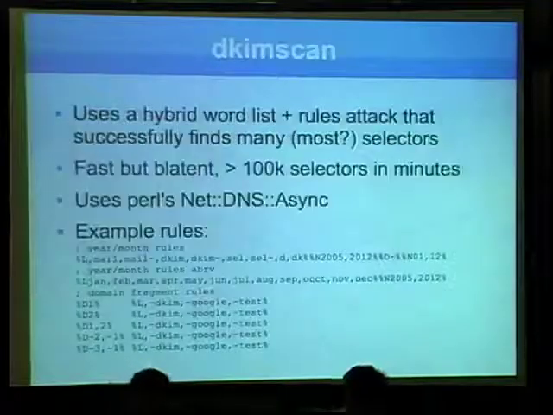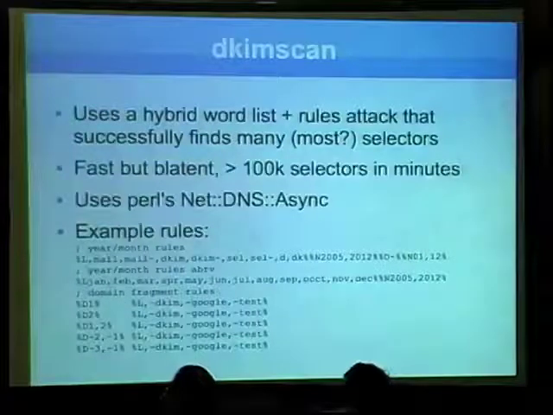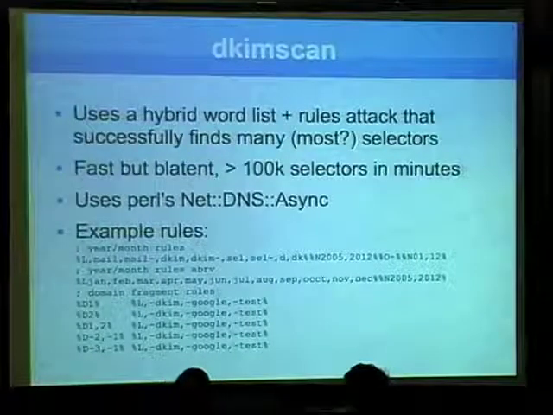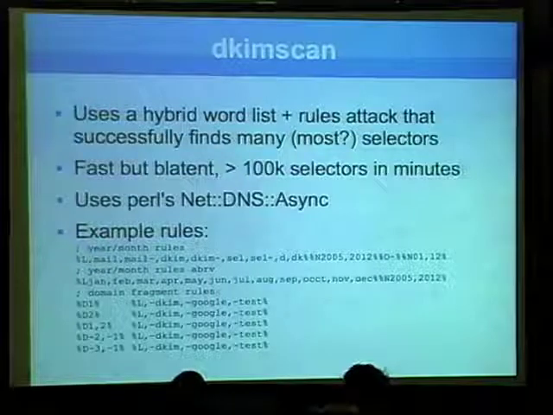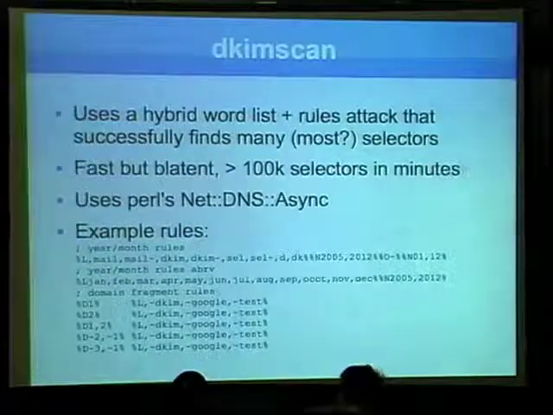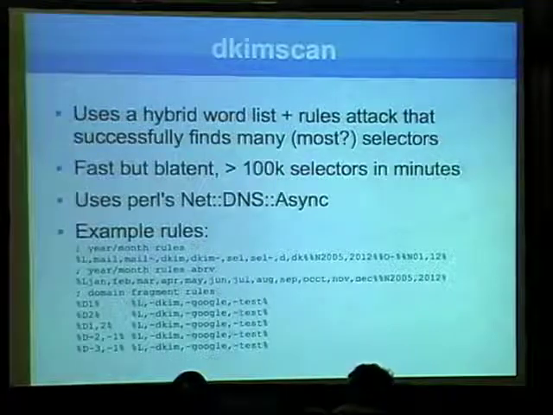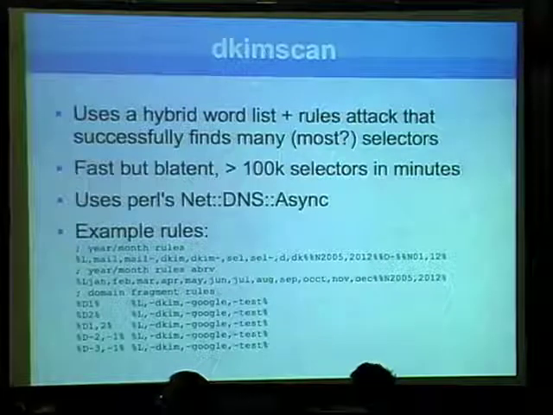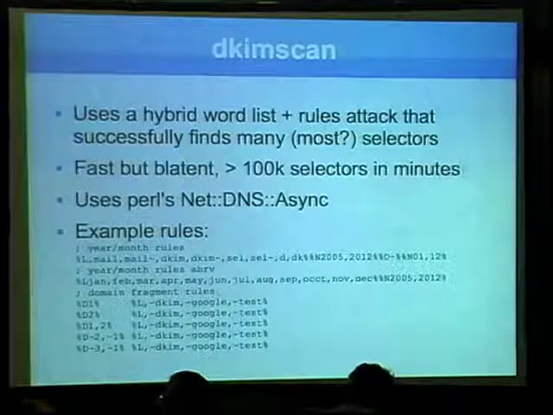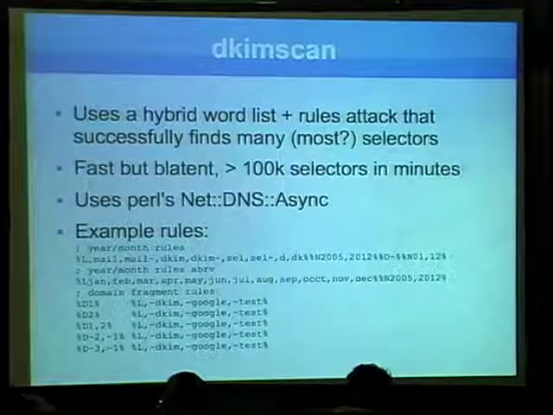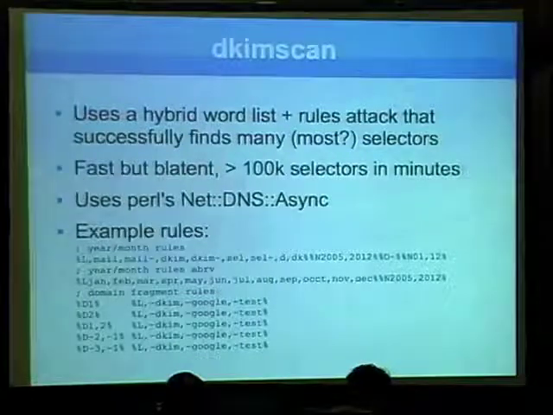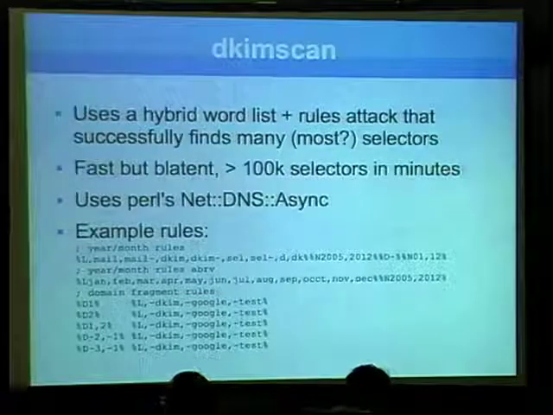I wrote a program called dkimscan, which is almost to the level of being a denial of service tool, but I took the list of selectors I saw from scraping a few mail spools and compiled a word list with a bunch of rules. I've got some example rules up there.